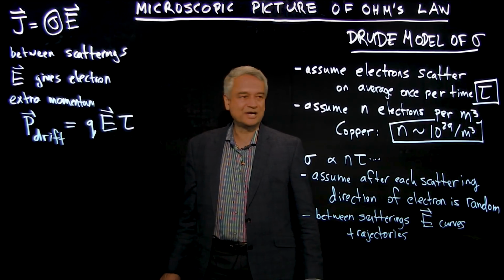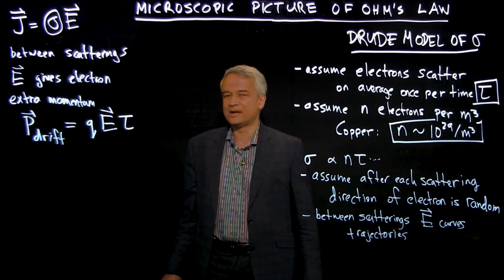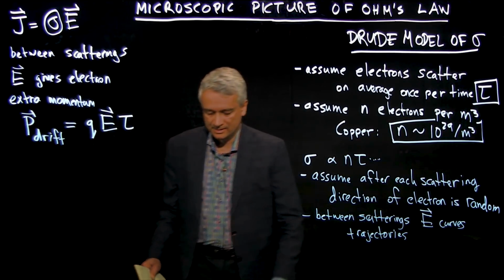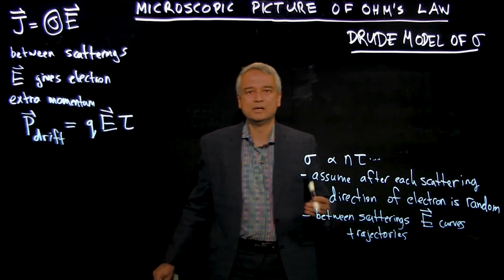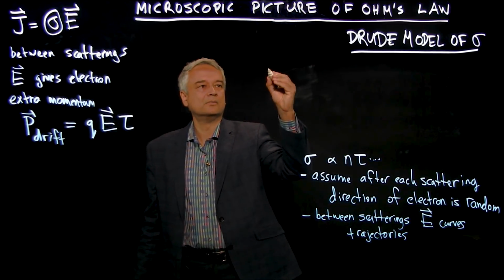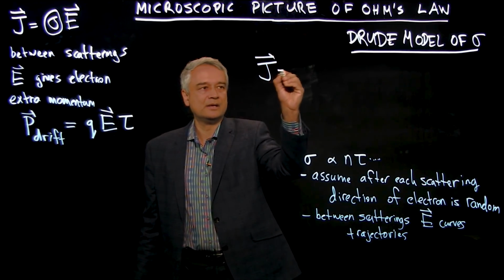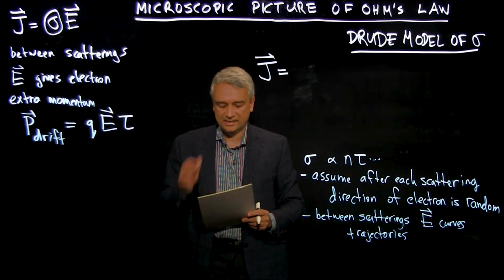Okay, so we're almost done now, although it may not feel like it. What we're going to do next is we're going to write down J and see what we get. So let's work out what J is. We're going to do so using a result that we derived in the previous video.